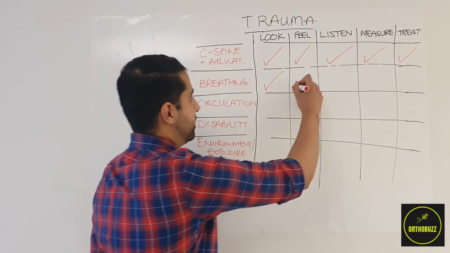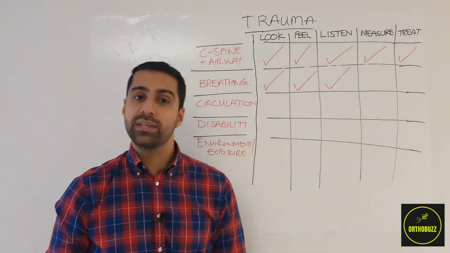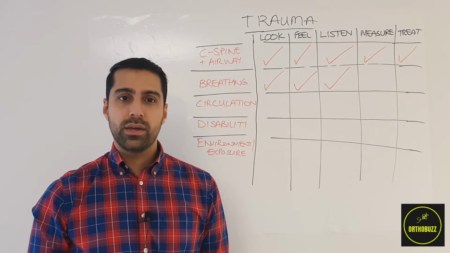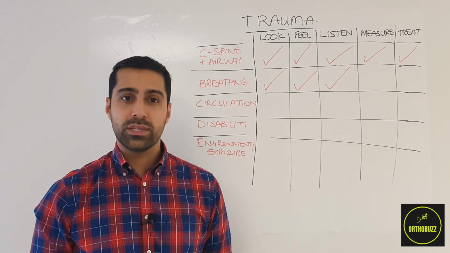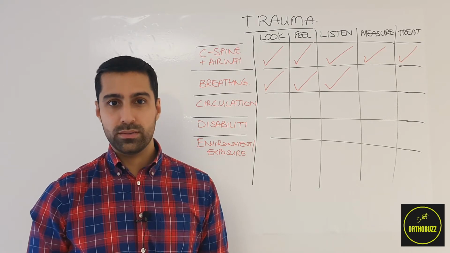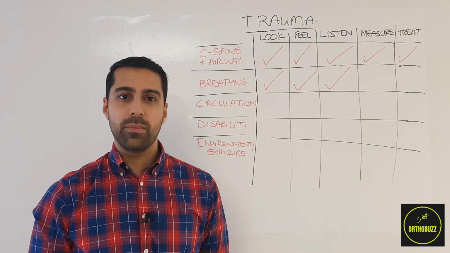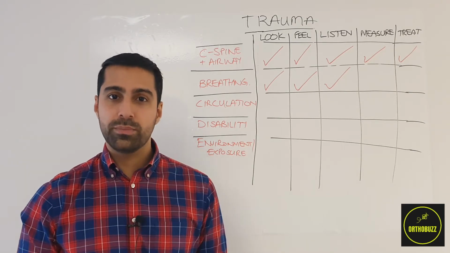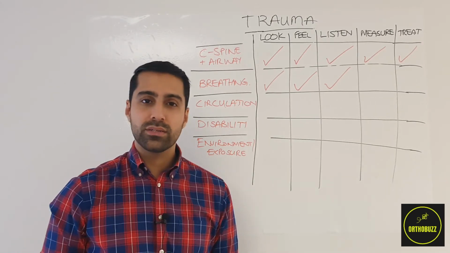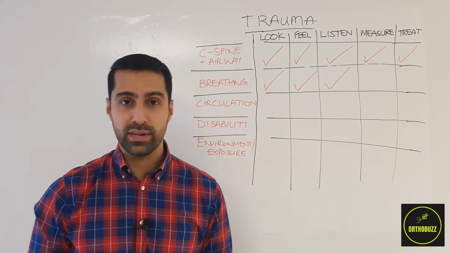Once we've done the feel, we would then want to listen to the patient's airway sounds. Now, in the context of trauma, the reduced airway sounds can be either due to a pneumothorax or a hemothorax. The way to distinguish this is whether there is dullness to percussion, which would be the case for a hemothorax, or whether it's resonant to percussion, which would be the case for a pneumothorax.